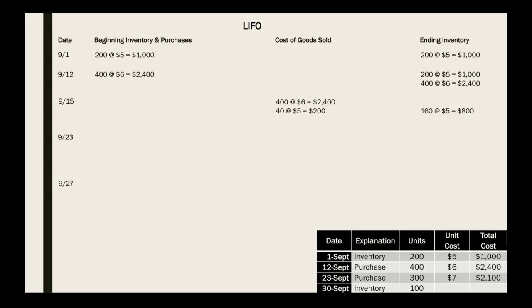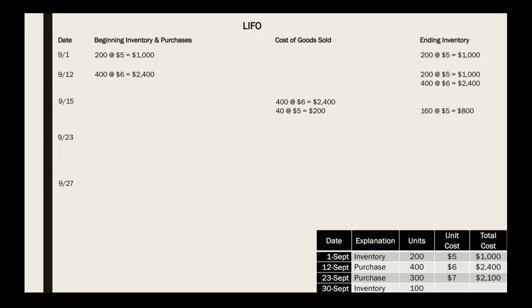So the last ones that came in were those 400 units at $6 a piece. So we're going to sell all of those. Now, the order was for 440 units. So we still need to sell an additional 40, and those will come from the $5 inventory group. So we sell 400 at 6 and 40 at 5.